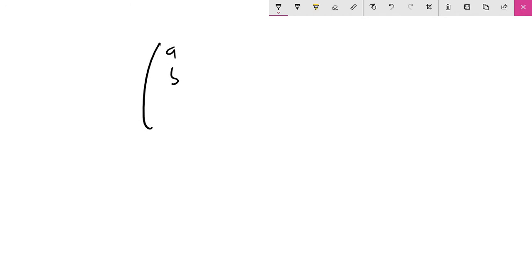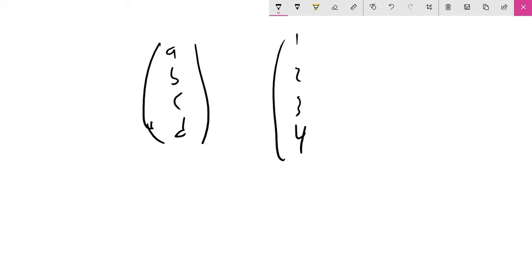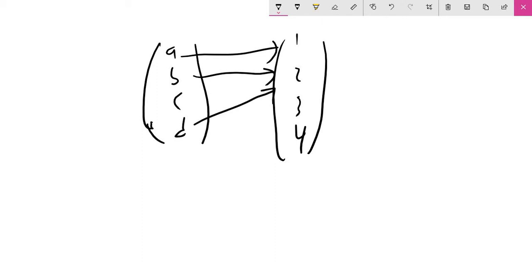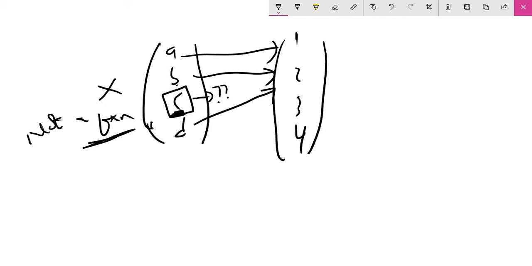So for instance, A, B, C, D and 1, 2, 3, 4. Right. So something like this. We cannot have C not mapping to anyone. So this is not a function. Even though each element maps to only one, one of the elements in the domain is not mapping to anything. So because of this, it is not a function. So take note of that as well.